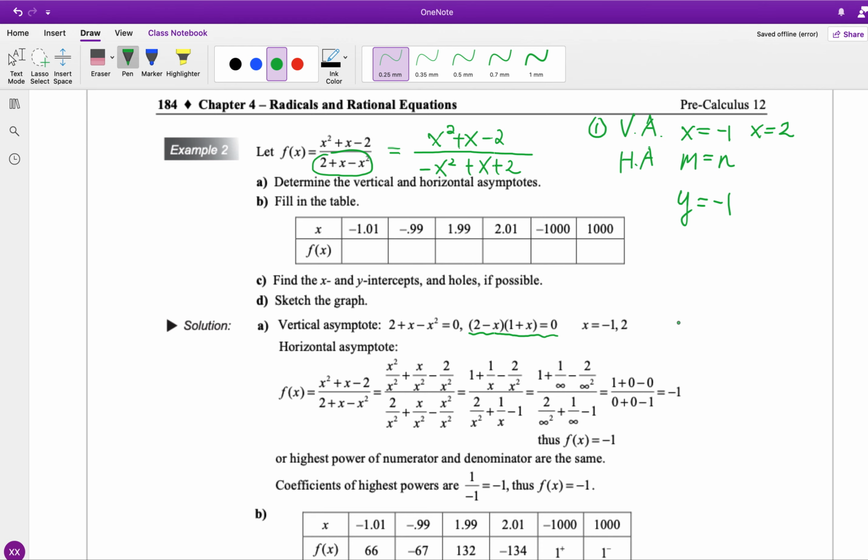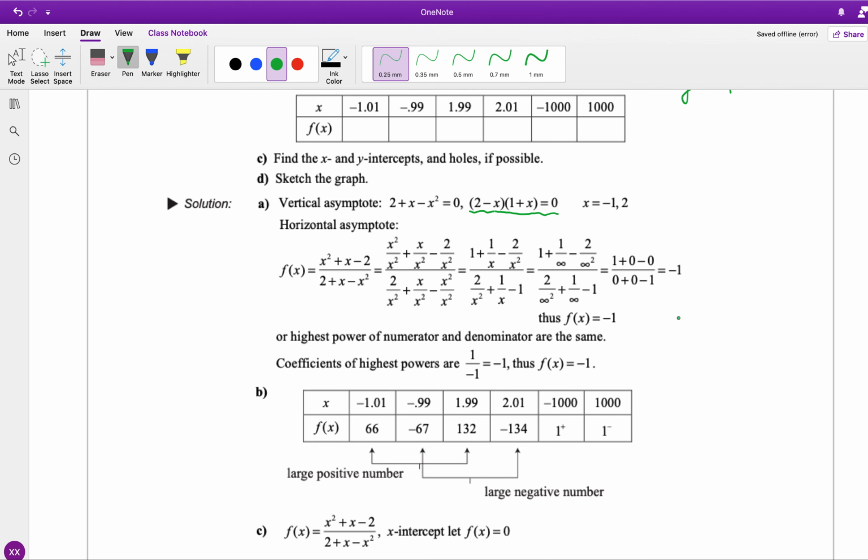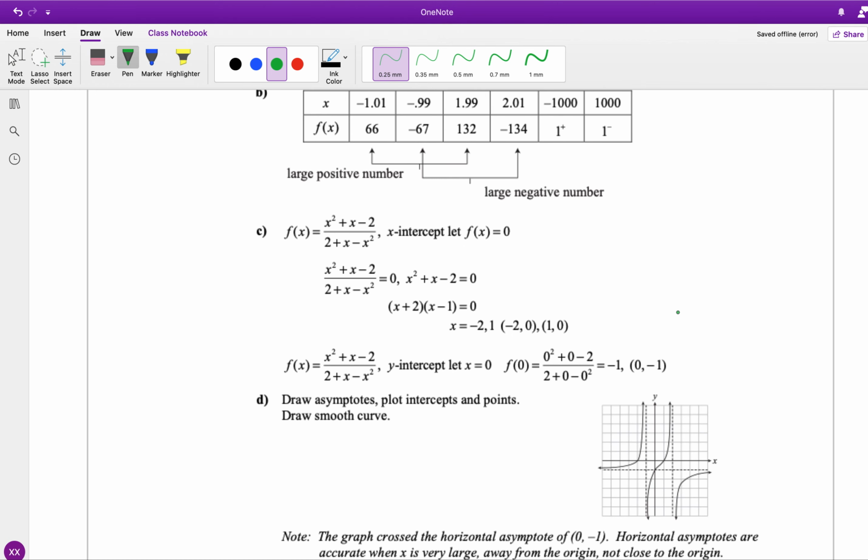All right. Now right away we want to put these asymptotes on the graph, that's usually what I do. So this is a vertical asymptote, and this is my horizontal asymptote.